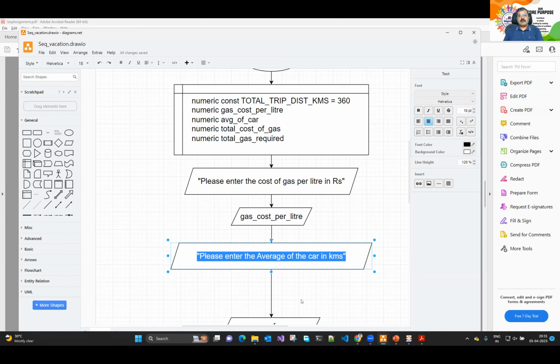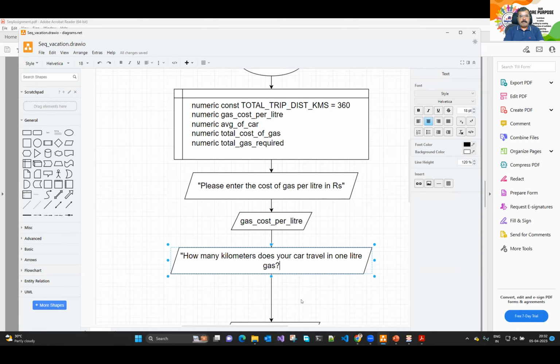If I ask a question instead, how many kilometers does your car travel in 1 liter of gas?